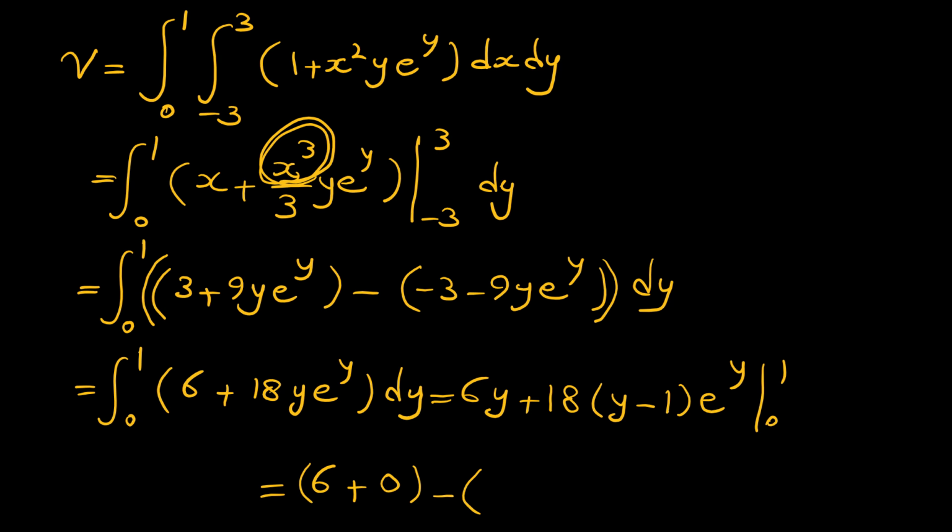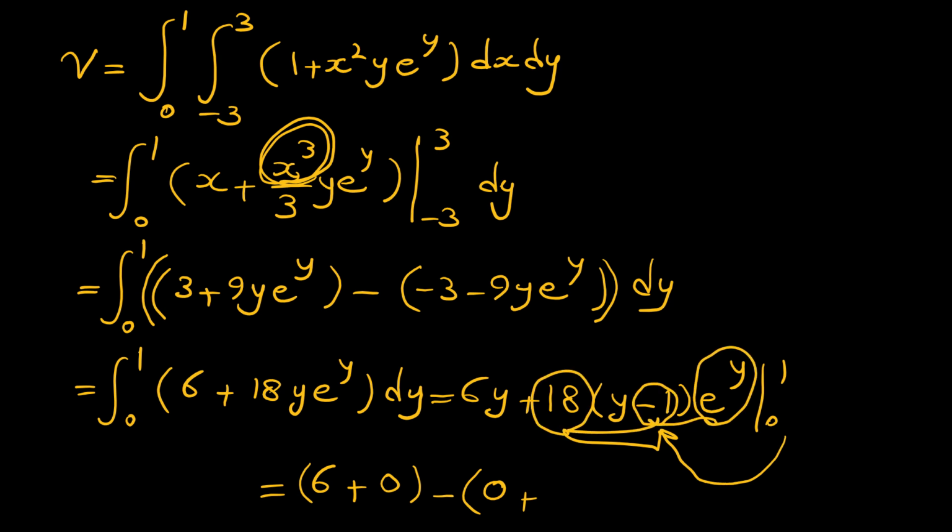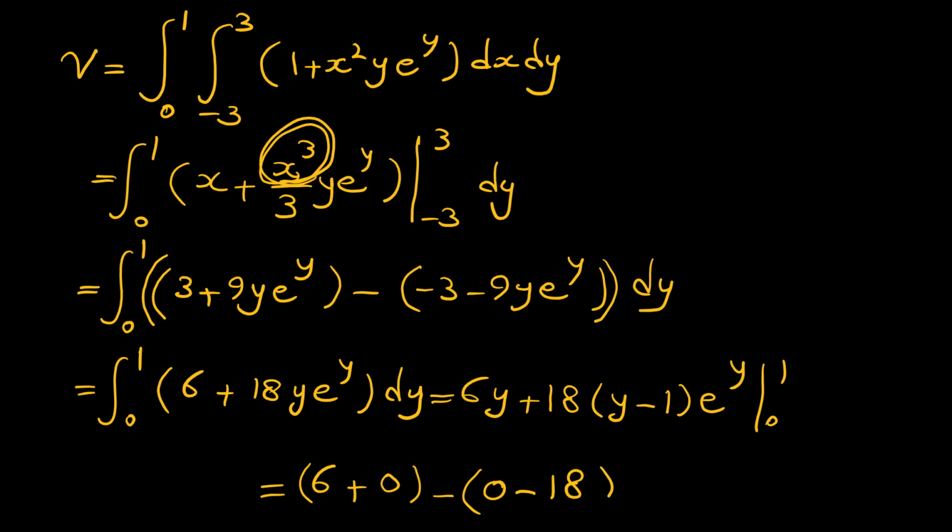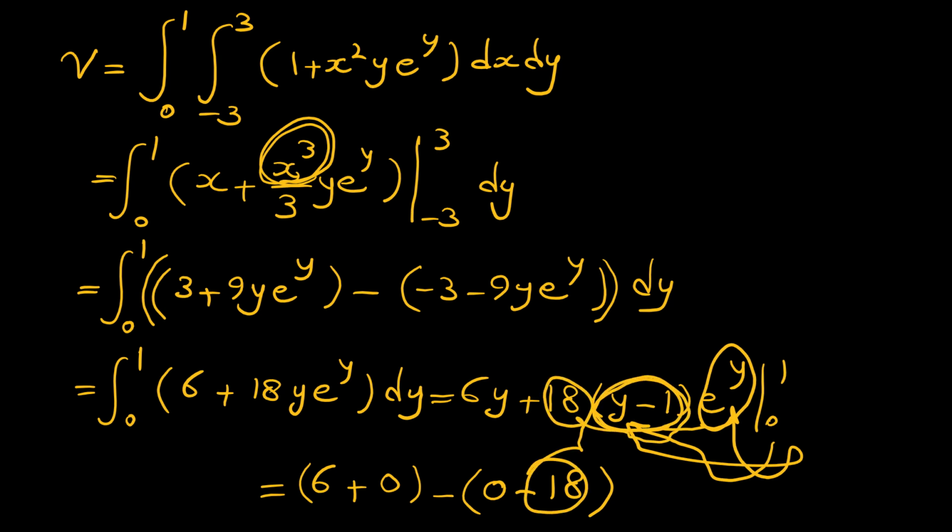And if we plug in 0 in this term, we have 18 times negative 1 times e to the 0, which is negative 18. Attention that when we plug in 0 here and here, e to the 0 is 1. 0 minus 1 is negative 1 times 18 is negative 18.